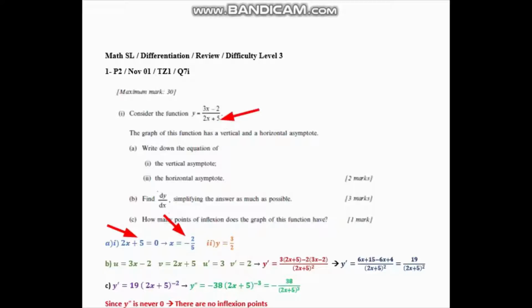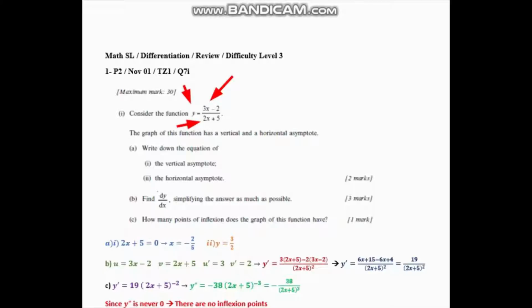Moving on to the second part, I want to find the horizontal asymptote. There are different ways to do that. My preferred way is to set x as a very large number and find the value of y. So if I set x as, for example, 3,000 or 3 million, and we have another x in the denominator, so this will be 2 million.